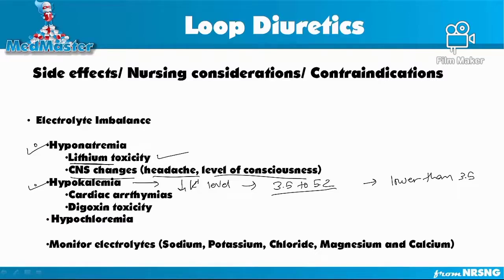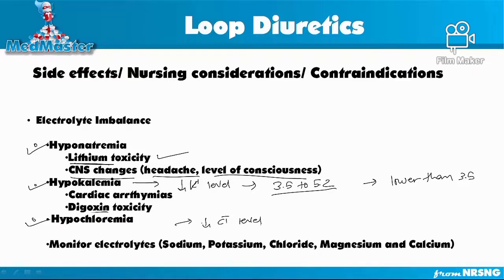We will talk about digoxin in the cardiac glycoside slides. Digoxin toxicity can happen when there is a low potassium level in the body, so you have to look for digoxin toxicity as well. And finally this can cause hypochloremia, which is a low chloride level.